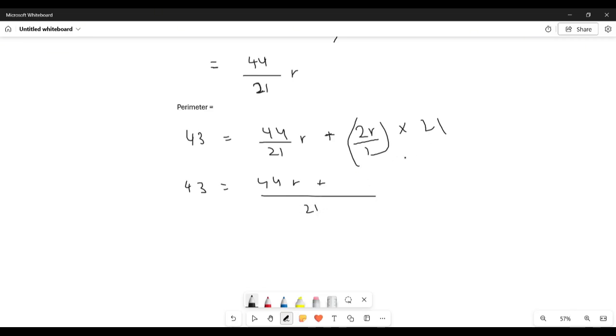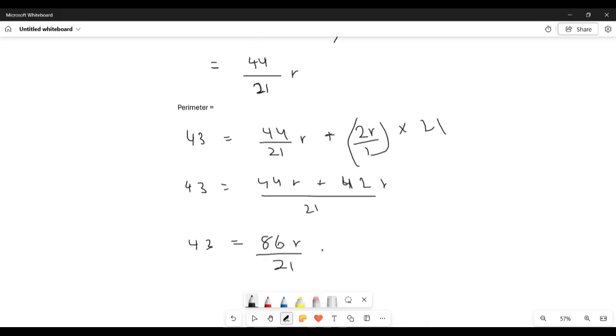So it is 21 times 2, that is 42r. Or 2r. So when you add these, you will get 86, right? 86r over 21.